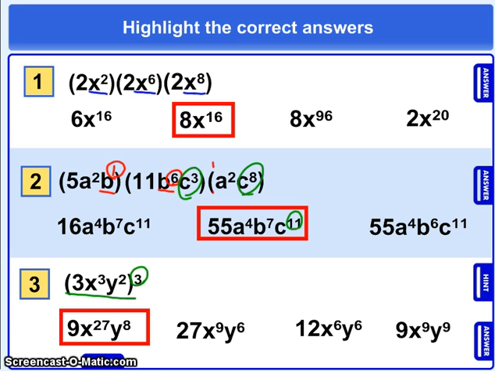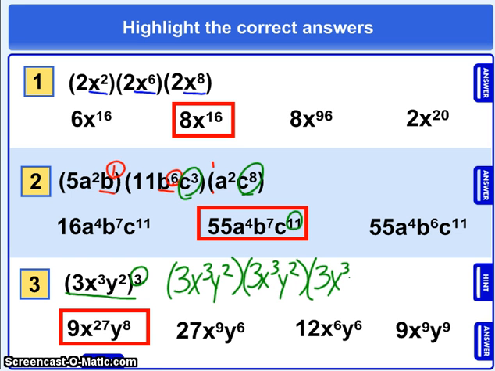So if it helps you, you can write that out 3 times so it matches all of the other problems we've done thus far. So pause here, try it, and we'll go over the answer in just a second.